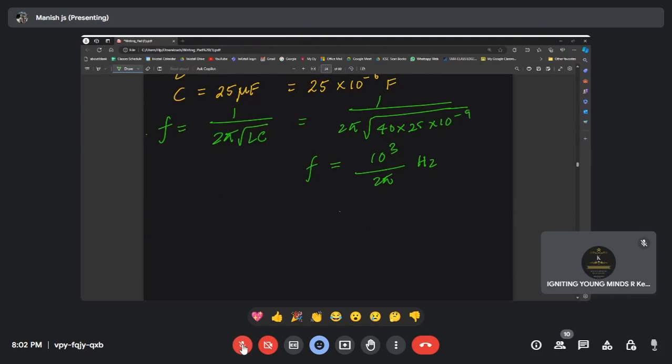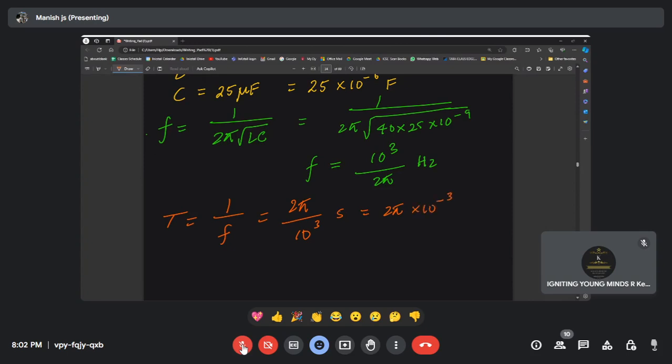Now, time period. How is time period related to frequency? Everybody knows. Time period is the reciprocal of frequency, right? So 1 upon f. What will be the answer? It is nothing but 2 pi upon 10 power 3 seconds. So how can we write this, children? Can I write it as 2 pi milliseconds?